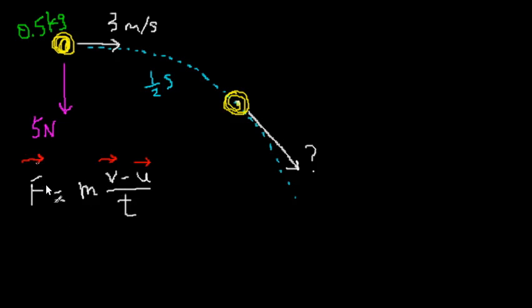It also has direction, and we have already learned that because of this equation, this change in velocity, final minus initial velocity, is also a vector, and the change in velocity vector must be in the same direction as the force. Now in this case, the force is downwards. This is the force, right? That's our force, 5 newtons, and it's downwards.